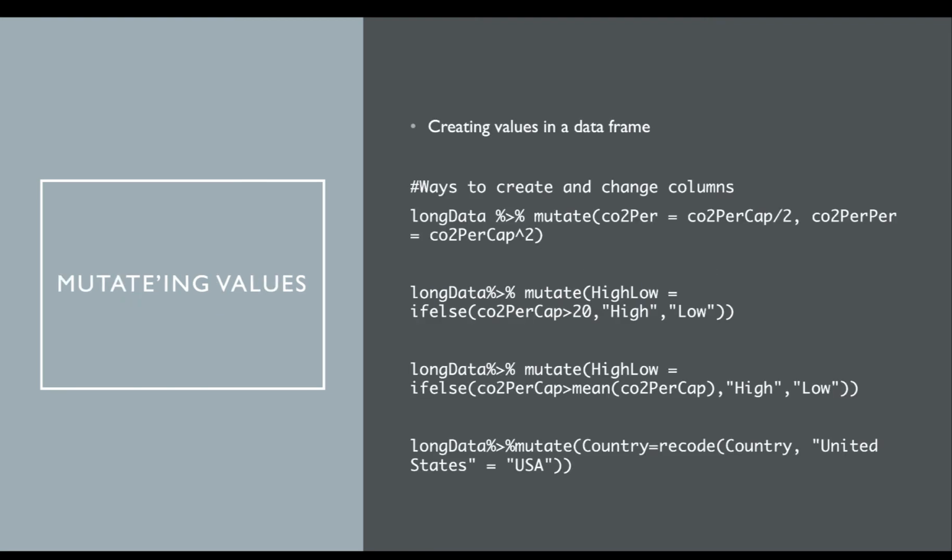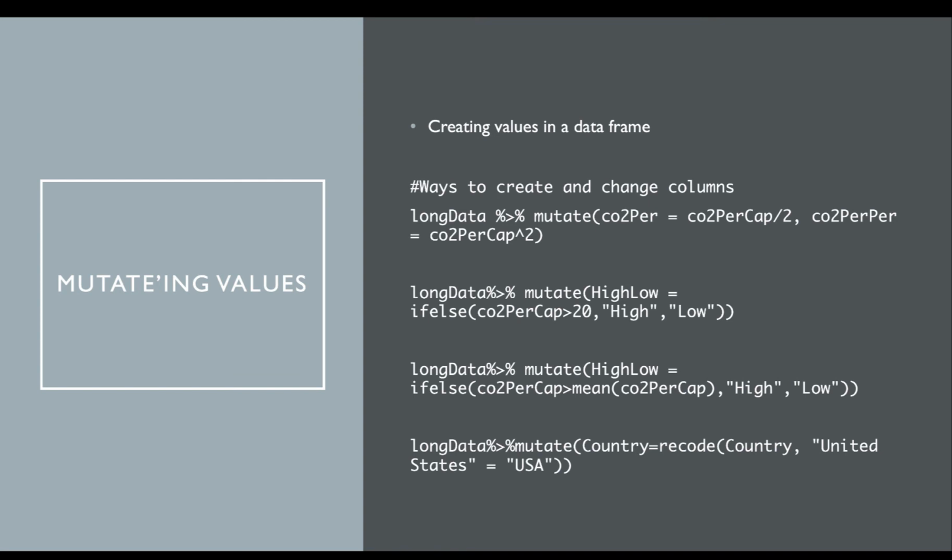There are a variety of ways to create new columns, and dplyr uses the mutate function to create new columns and change existing columns. In the first example, we see long data is piped to the mutate function.